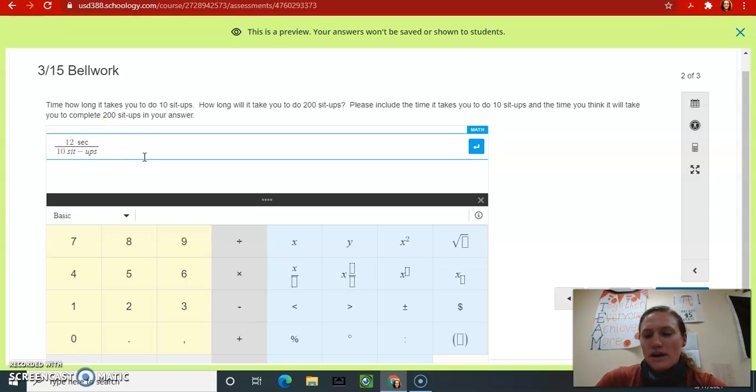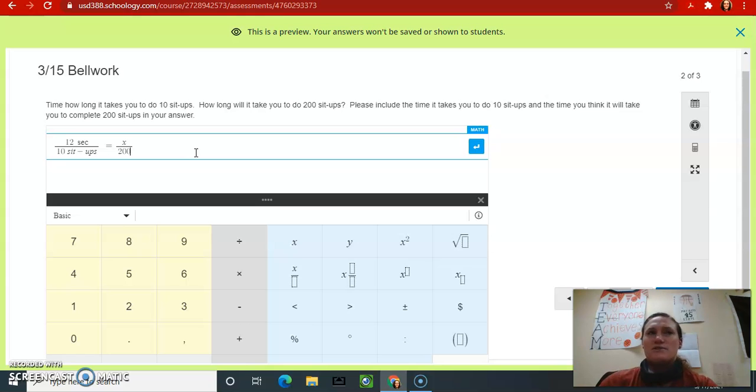I would have them do that, and then they had to use that information to figure out how long it would take them to do 200 sit-ups. So they'd have to set up a proportion, equals x over 200 sit-ups.